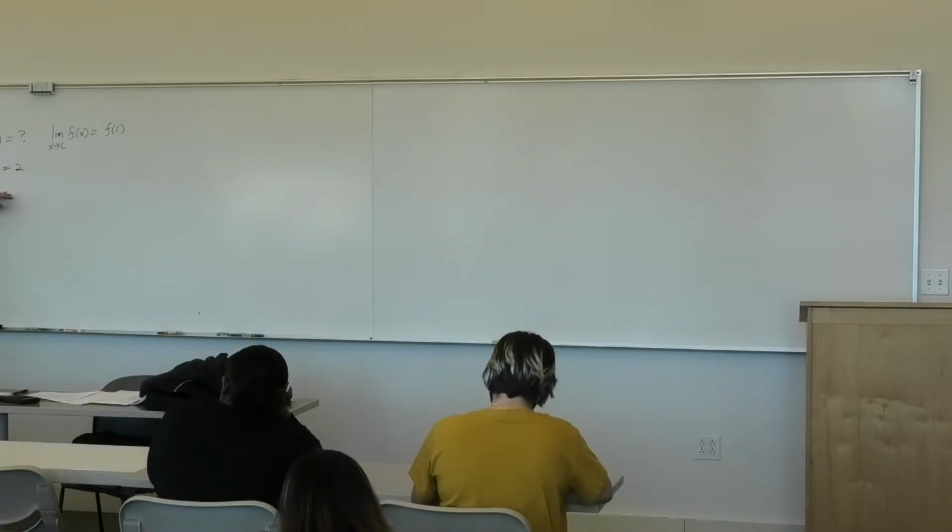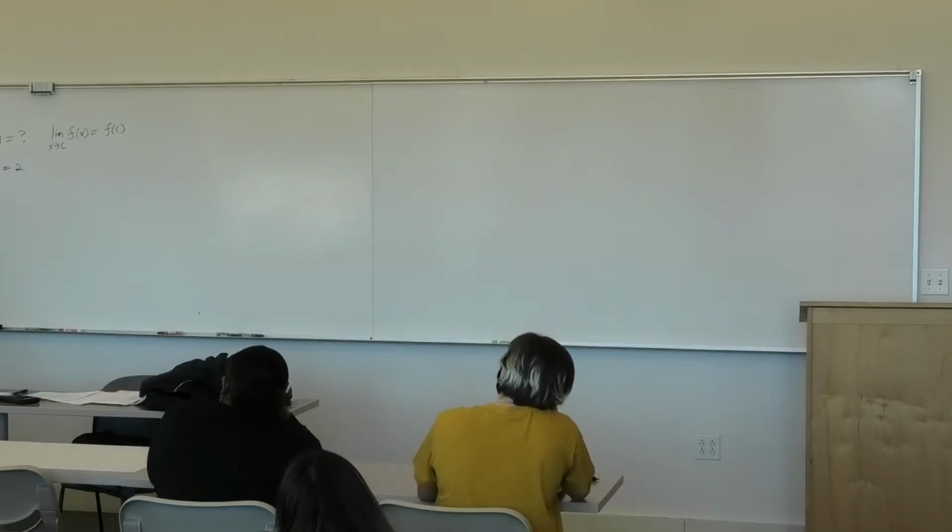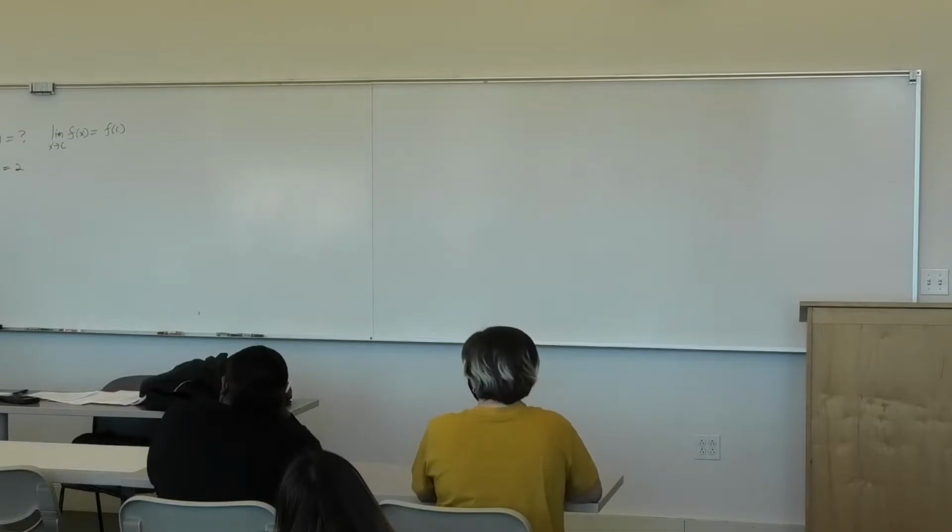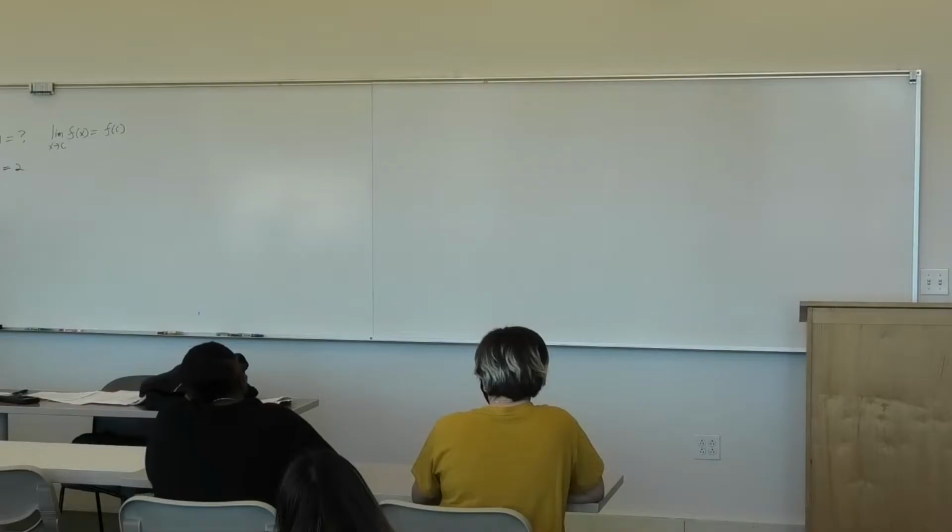If the top went to 0 and the bottom went to a constant, this would go to 0. If the numerator went to a constant and the denominator went to 0, this is going off to infinity, an infinite limit. But neither of these is the case.